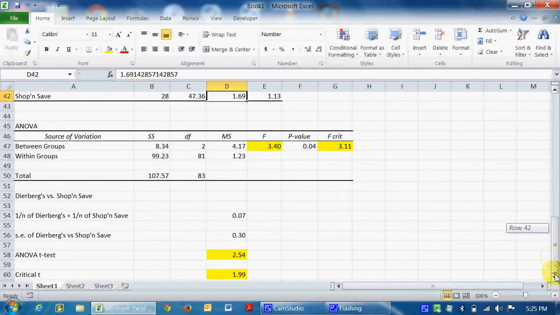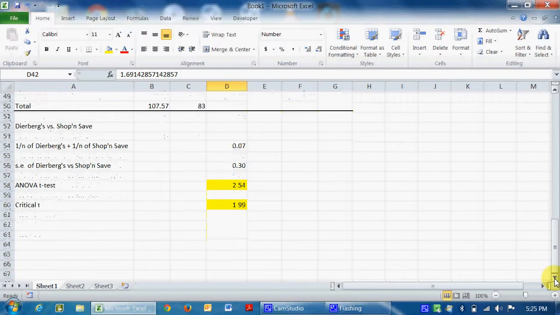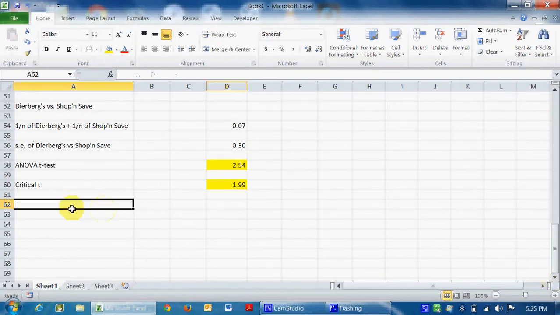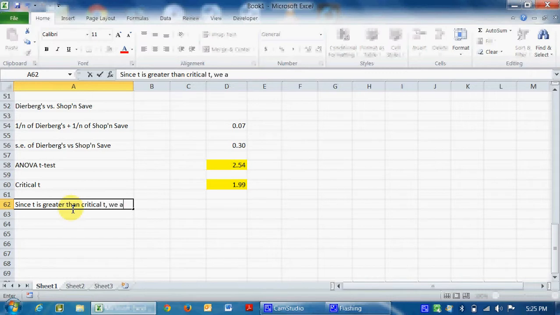So let's go ahead and type that in for clarity. Since T is greater than critical T, we accept the research hypothesis.